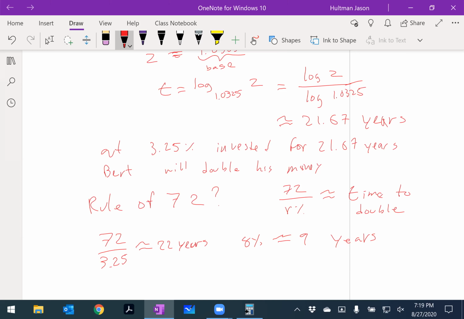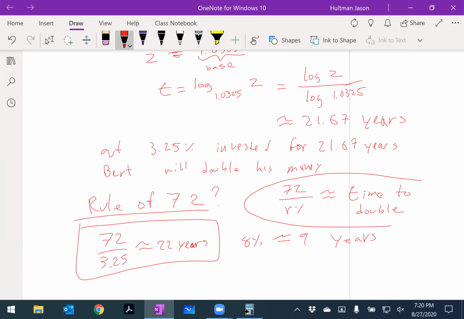It's not always going to work; it's going to give you within plus or minus one or 2 years. It's a ballpark average. Later on I'll describe why this works. The rule of 72: take 72 divided by your interest rate, and that's the time to double your money.